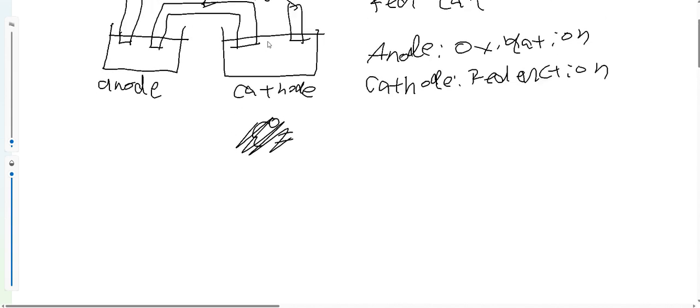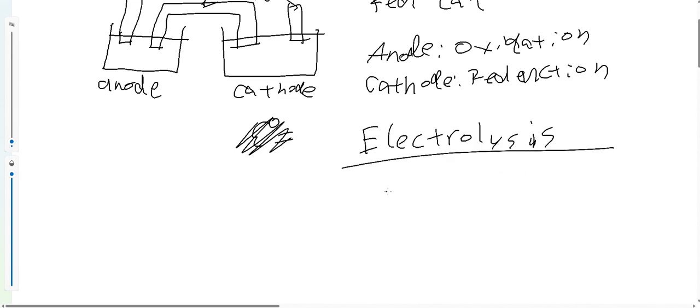electrochemistry, but it's not the only unit. You can also have an electrolytic cell from the word electrolysis. Not Y-S-I-S. So basically electrolysis is driving a non-spontaneous reaction, delta G greater than 0, with a spontaneous reaction, usually with a battery.